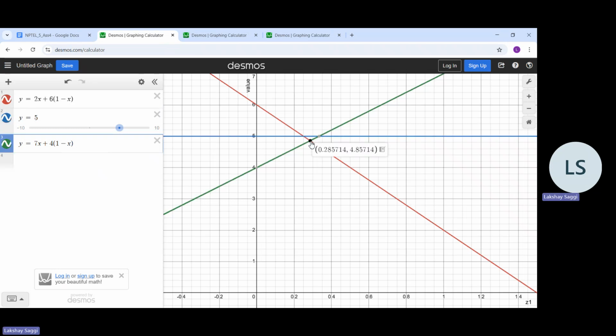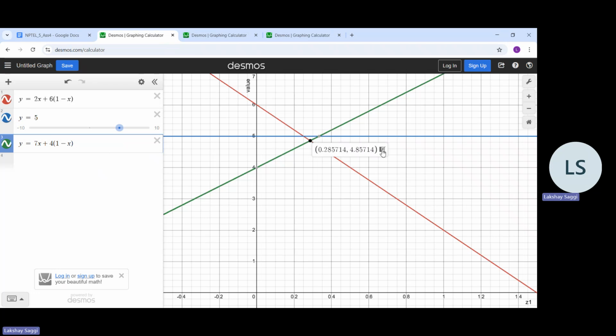This is the point we'll be using, and the value obtained at this point is 4.857. It's a fractional value that has been rounded to decimal places.